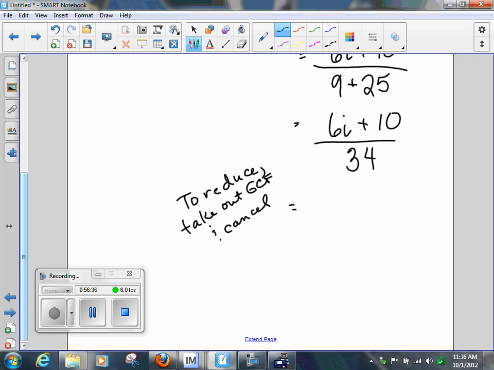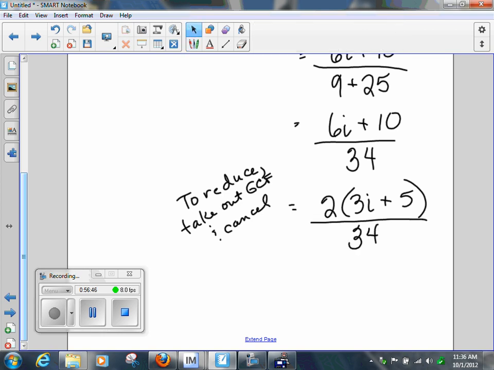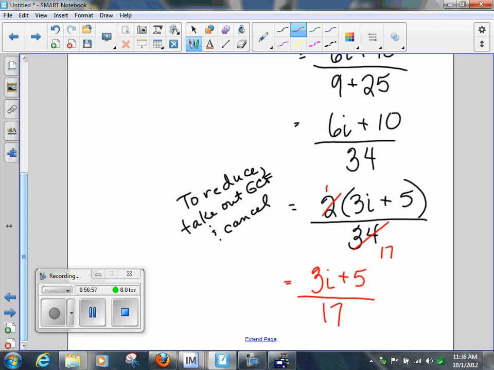So my GCF of the numerator is 2, which is 2 times the quantity 3i plus 5, over 34. And now I'm going to cancel: 2 goes into 2 one time, 2 goes into 34 17 times. So 3i plus 5 over 17.